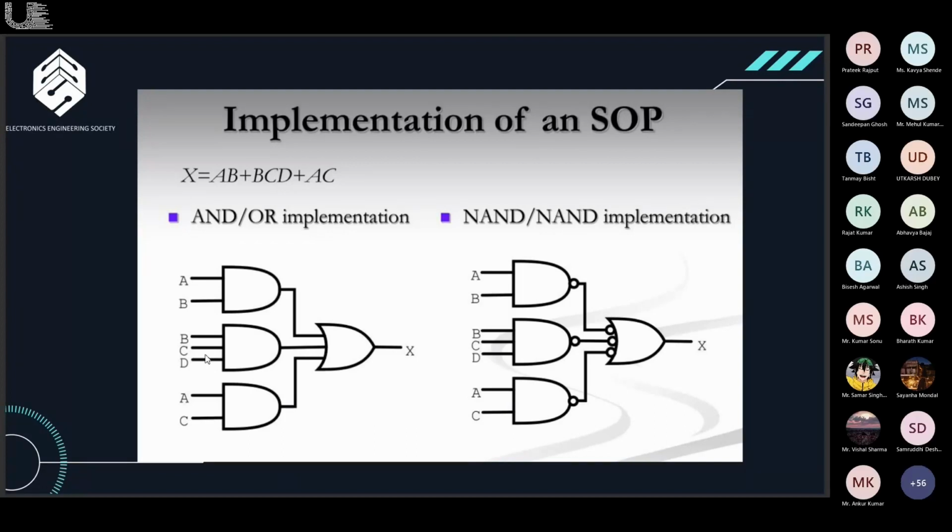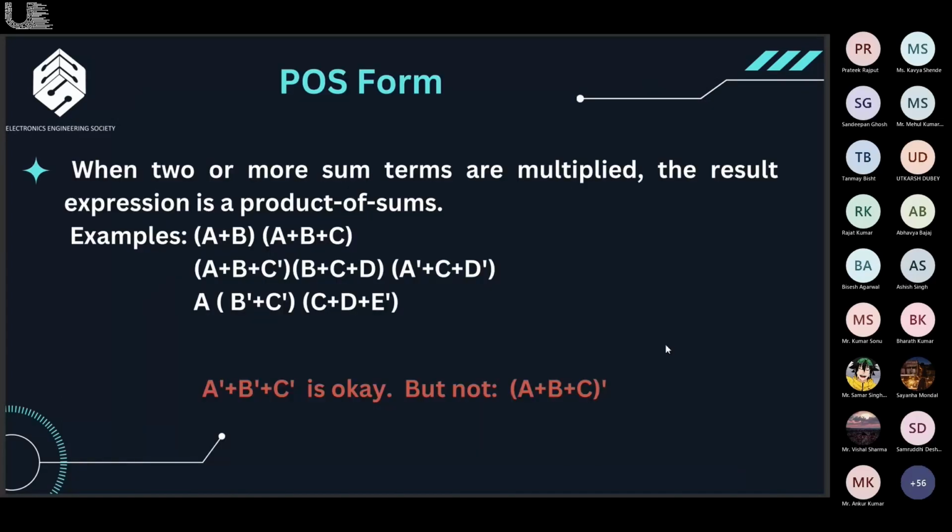They may be either in complement or uncomplemented form, and then those would be added. We can also use a NAND gate to do the same. NAND gate would multiply the variables and then complement them. We again complement the given inputs and give it to the OR gate to add them. So the equivalent output would be the same. Similarly, we have the POS form.